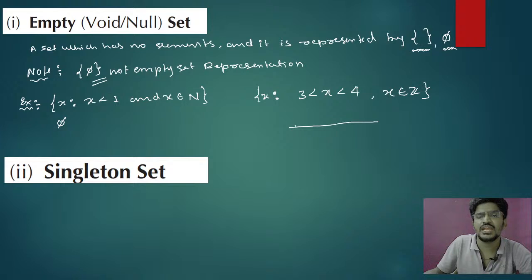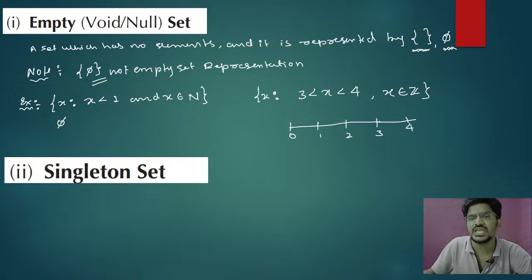On the real number line, this is 0, this is 1, this is 2, this is 3 and this is 4. Here you have only the rationals and irrationals in between 3 and 4. So in between 3 and 4 no integers are present.